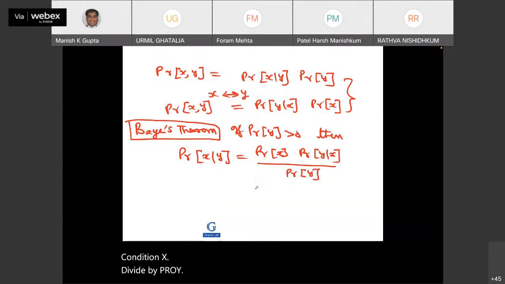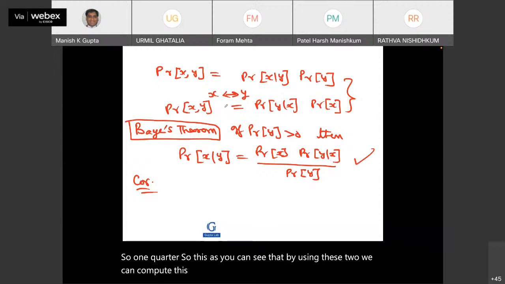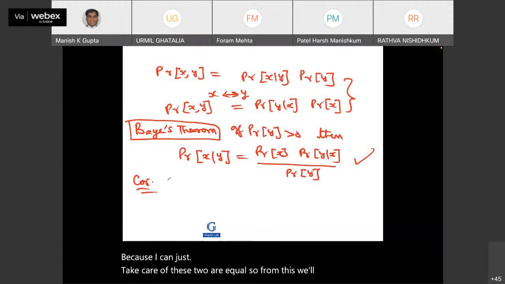Okay. So as you can see, by using these two, we can compute this, right? Because these two are equal, from this we'll get this.